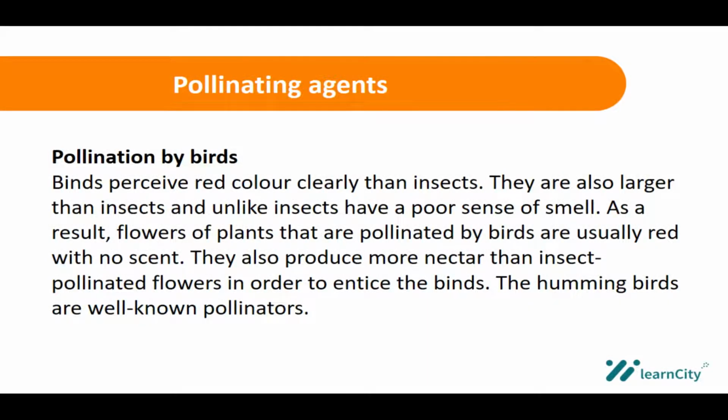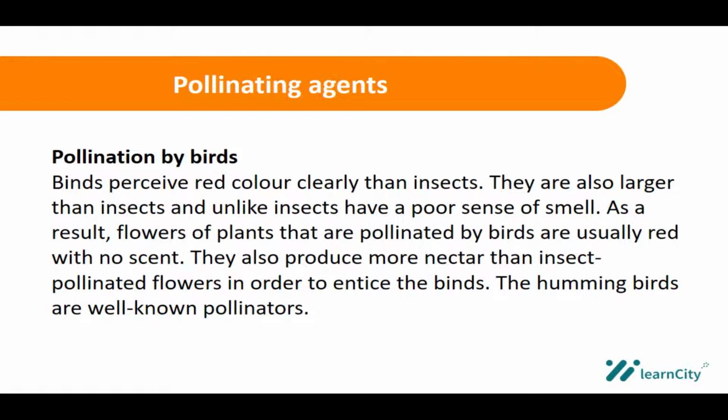Now, pollination by birds. Birds are very different from insects, because birds perceive red color more clearly than insects. Birds are also larger than insects, and they have a poor sense of smell. So they are not able to smell as well as insects.